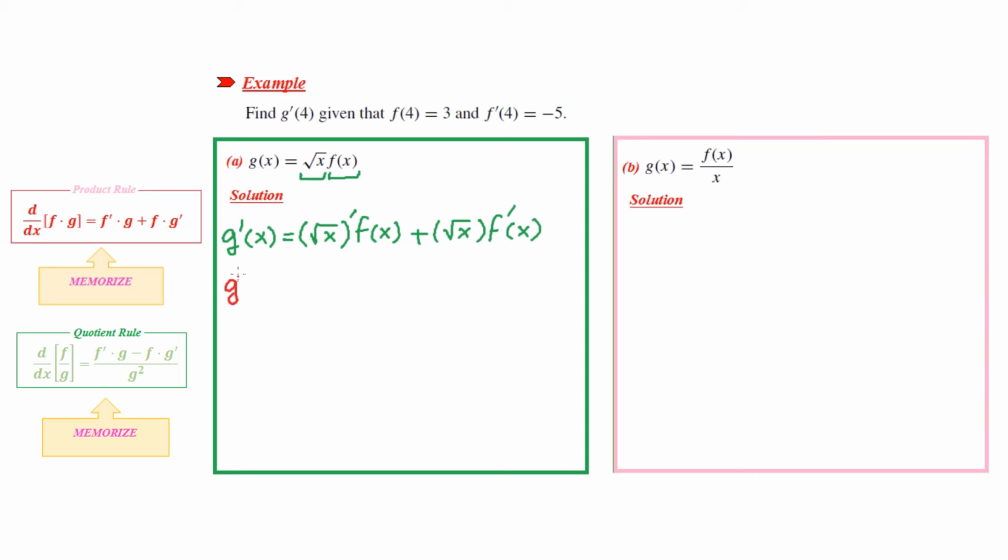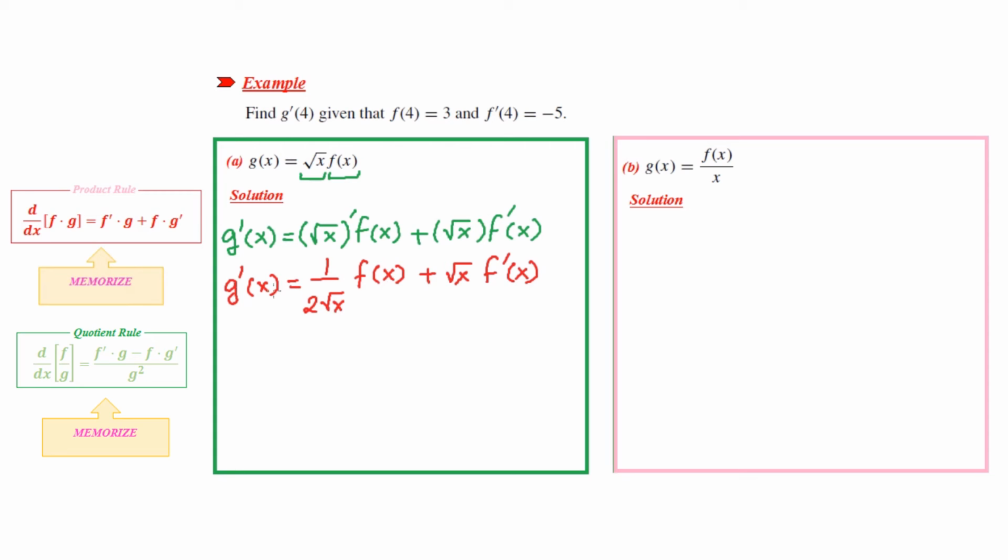So g prime of x equals the derivative of square root of x, which is 1 over 2 square root of x, multiplied by f of x plus radical x multiplied by f prime of x.